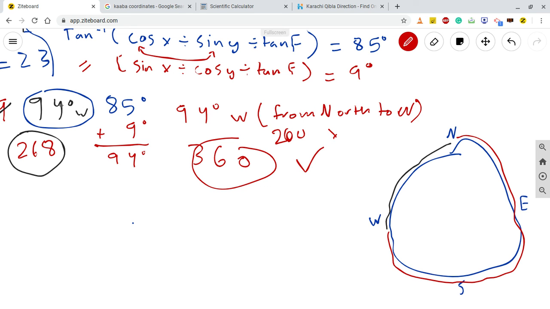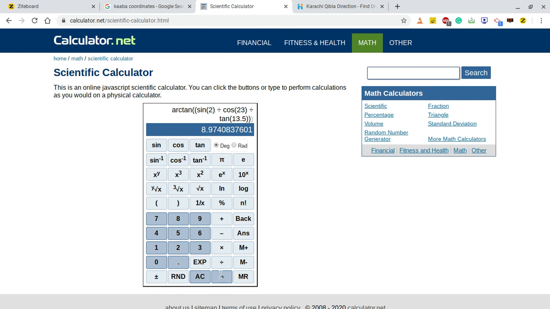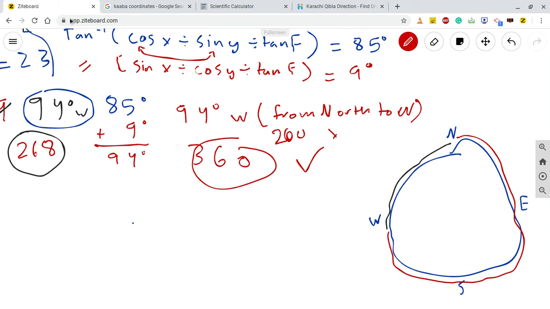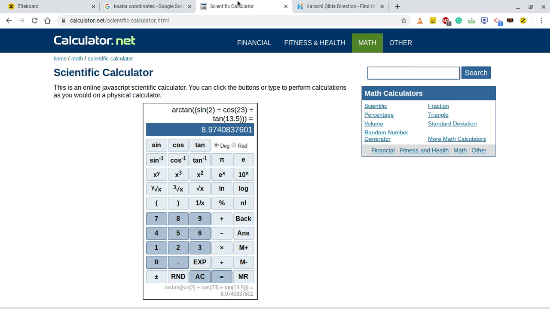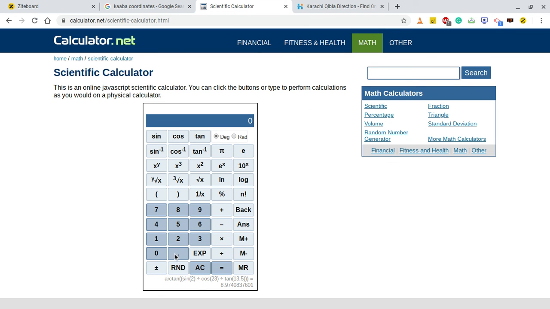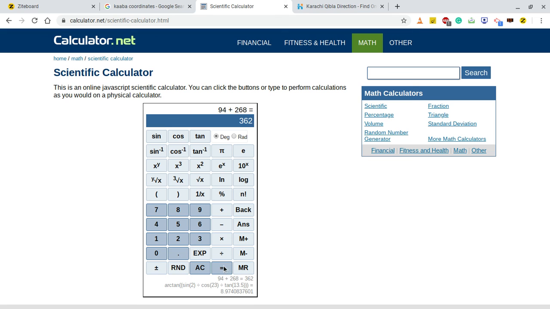Okay, so let's see. We have 94 plus 268. Let's go to the calculator. 94 plus 268 equals 362.